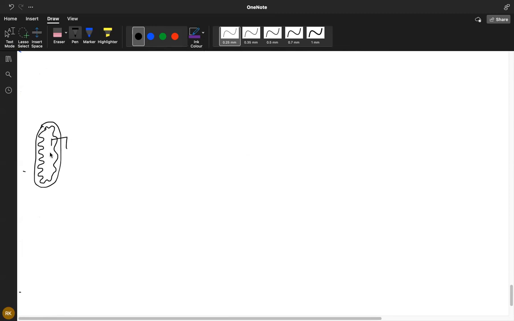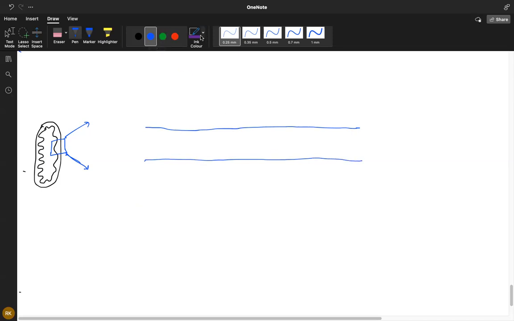Now let's look at a big zoomed-in section of this region. If you look at this region, you see the inner membrane, right? Let's say this is the inner membrane. I have straightened it, and this membrane will have some thickness. And with a highlighter, I will make the outer membrane.